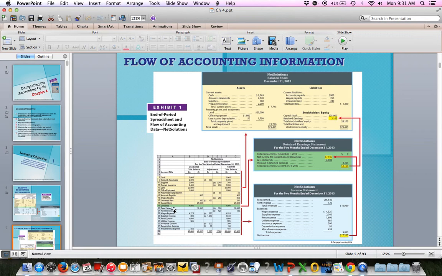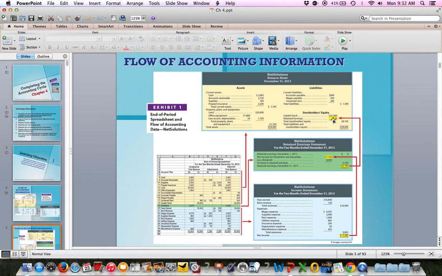And then the green number goes to the statement of retained earnings, or statement of equity, sometimes it's called also. And so remember that this is a brand new business that just started on November 1st. They started out with 0 retained earnings, and then as they had net income, and remember that $7,105 of net income comes up and is on the retained earnings statement, minus dividends, the $4,000 right here, gives us then ending retained earnings of $3,105, and that number then goes to the balance sheet.